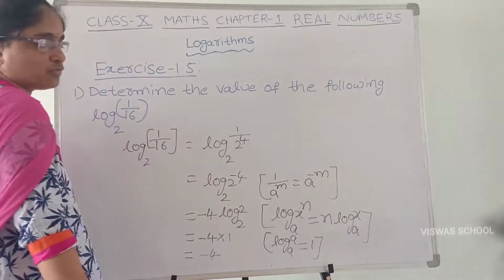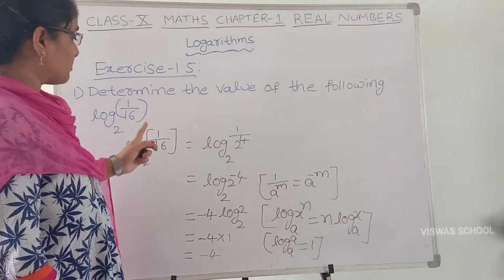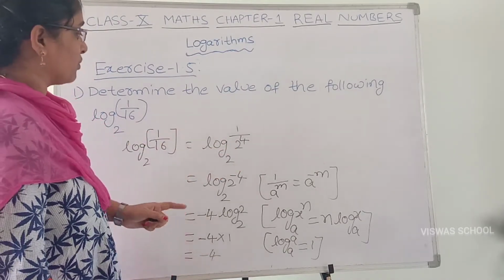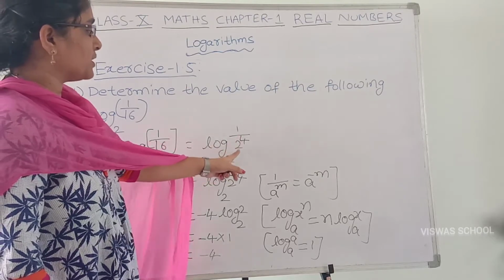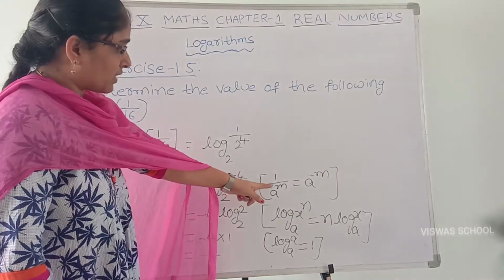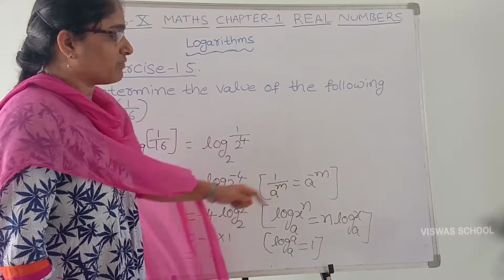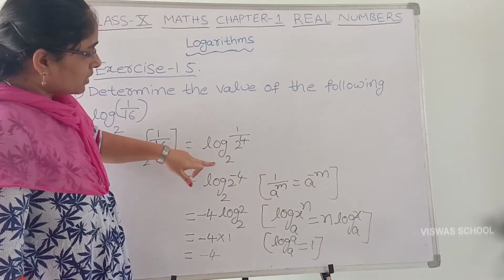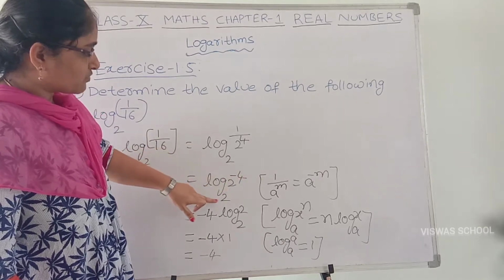Minus 4. That is, we are writing 1 by 16 in powers of 2 as 2 to the power of 4. Now it is 1 by 2 to the power of 4, that is 1 by a to the power of m form. Now it is a to the power of minus m. Now it is log 2 to the power of minus 4 base 2.